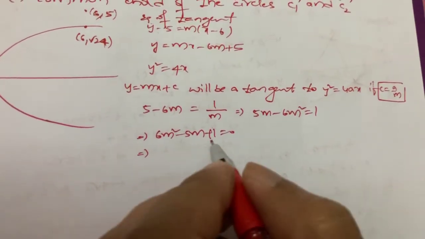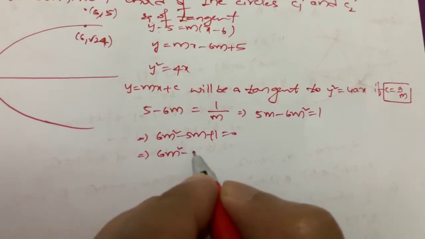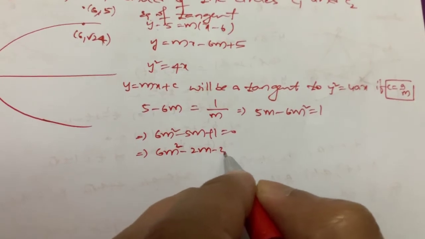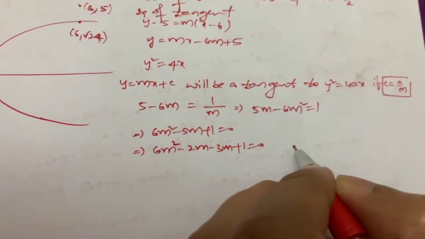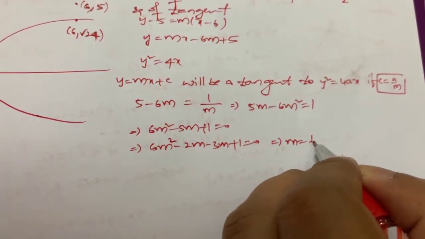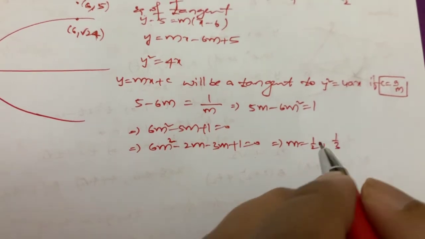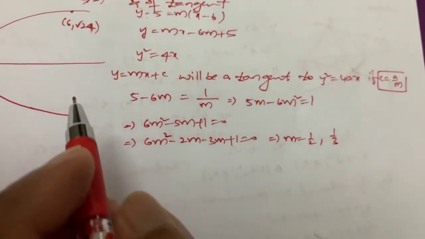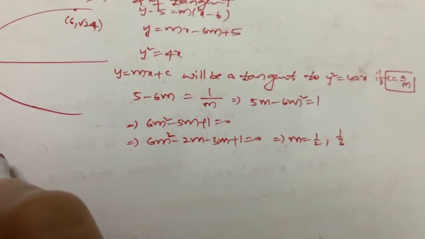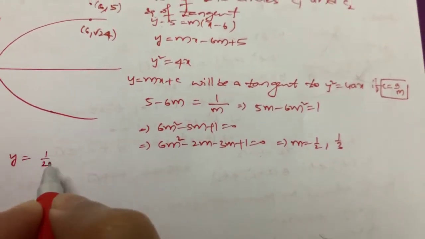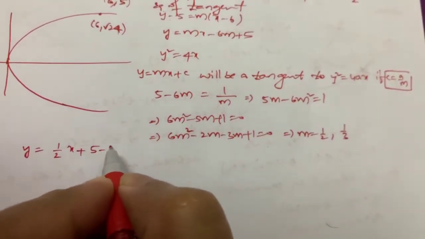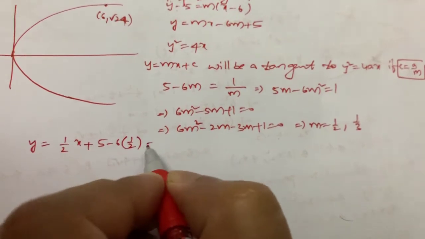If you try to factorize this, 6m square minus 2m minus 3m plus 1 is equal to 0. So m is equal to half and 1 by 3. So we have two tangents clearly. So y is equal to half x plus 5 minus 6 into half, which is one tangent.